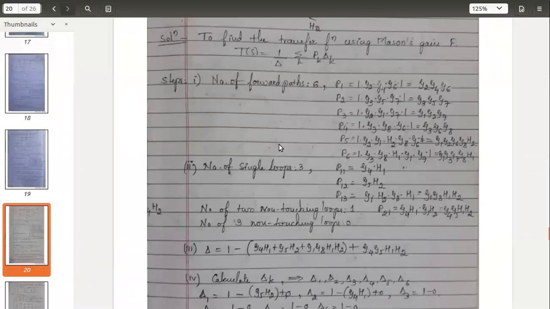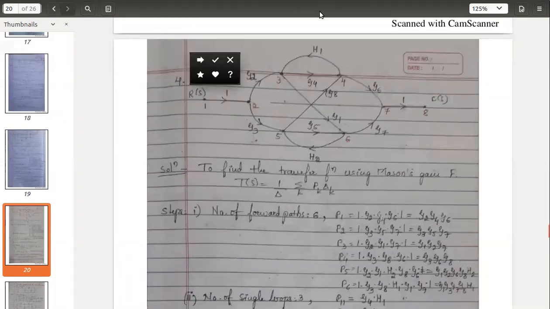Similarly, going for delta 2, उसके लिए let me identify what is P2. That is the second forward path. Let me show you. The second forward path is this. Okay, and how many loops? Again, we have 3 loops. This is the first one, this is the second one, and this is the third one. This time, the lower 2, this 8 structure and this lower loop, are touching here at nodes 5 and 6.